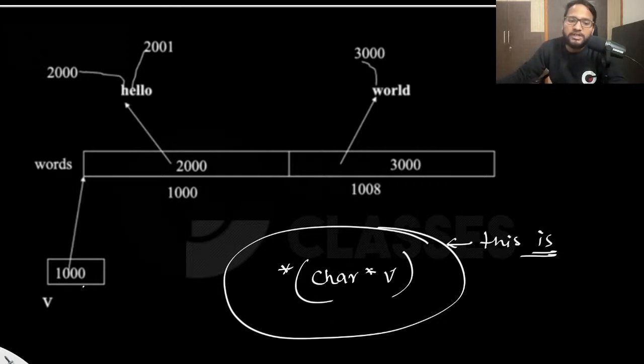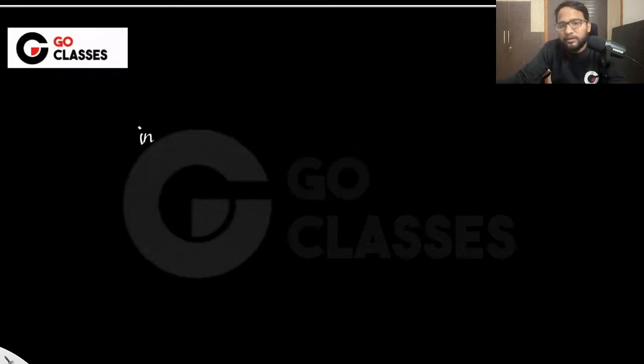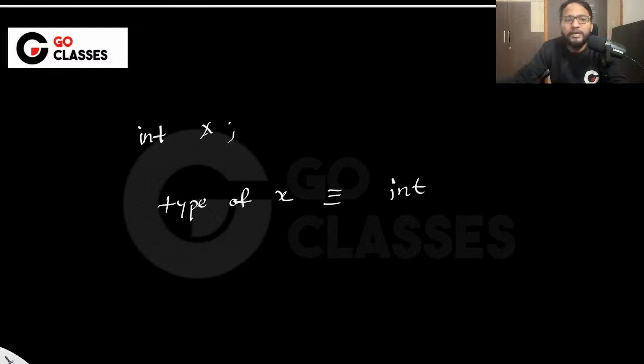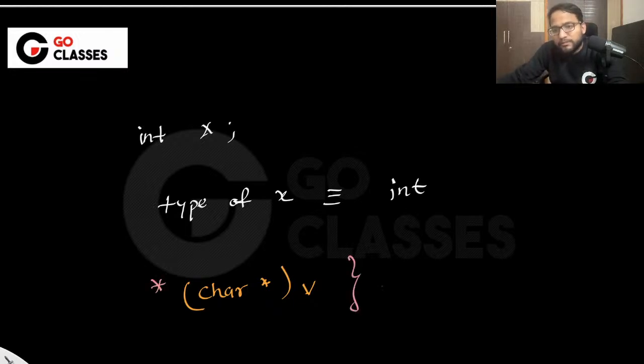Okay. See, if I write int x, what is the type of x? This is just an integer, right? Similarly, I'm asking you that if you write char star p, and then you put one more star, then what is the type of this whole expression?